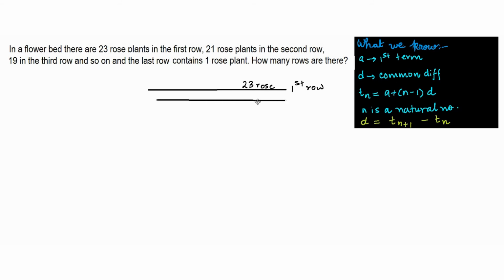So in the second row, there are 21 rose plants. Then there are 19 plants in the third row. So there are 19 rose plants in the third row.